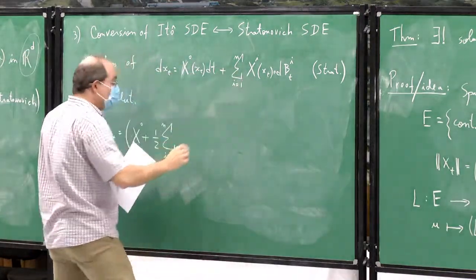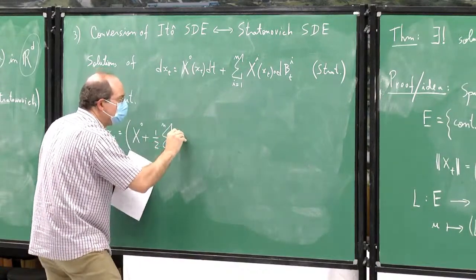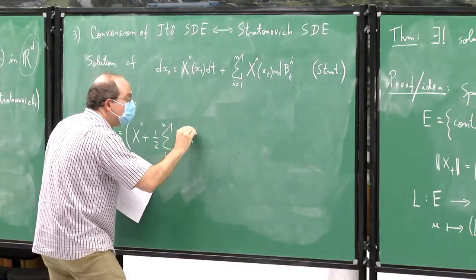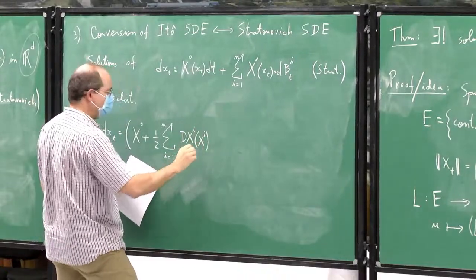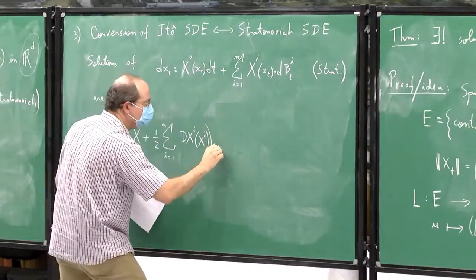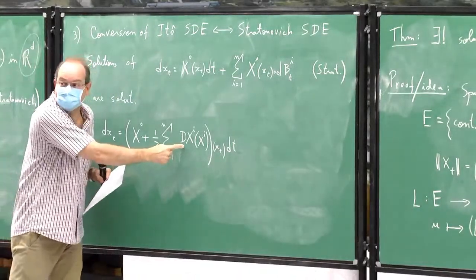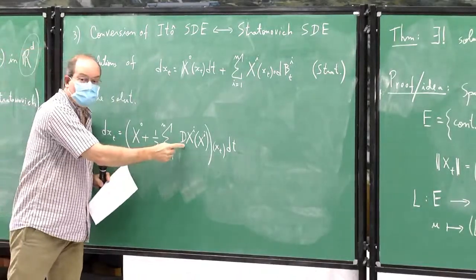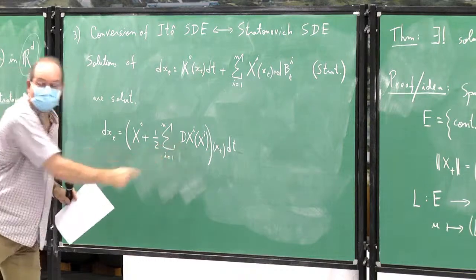Then here appears the derivative of Xi in the direction of Xi, all of this applied at Xt dt, and this is precisely the Jacobian, which Martin pointed out yesterday was a gradient, but not Jacobian. But this is Jacobian, right?